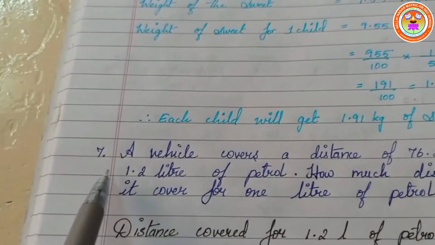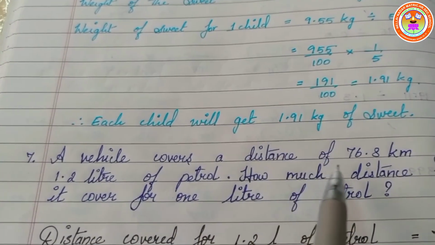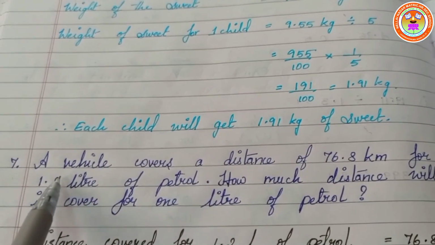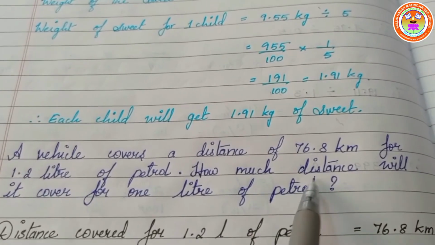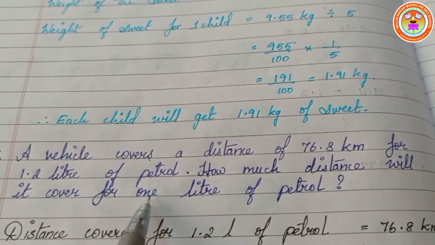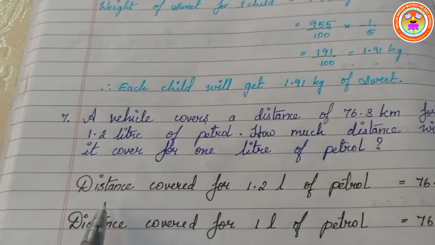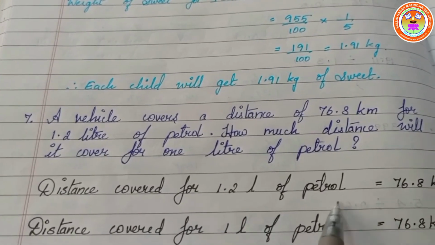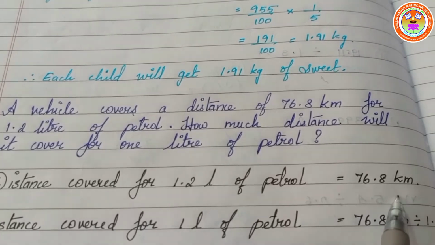Now, let us move on to the 7th question. A vehicle covers a distance of 76.8 kilometers for 1.2 liter of petrol. How much distance will it cover for 1 liter of petrol? So, solution. Distance covered for 1.2 liters of petrol is equal to 76.8 kilometers.